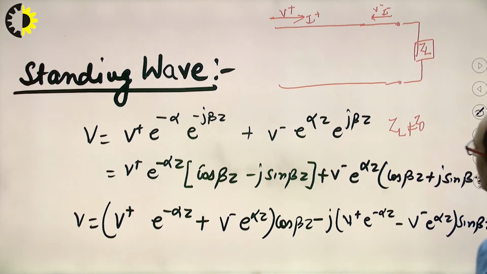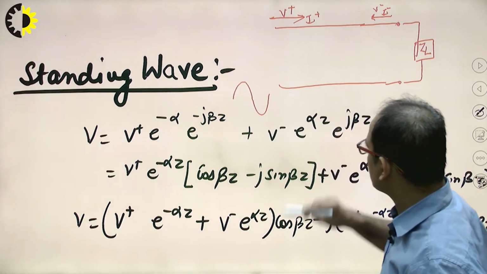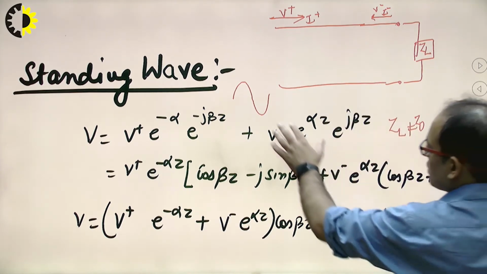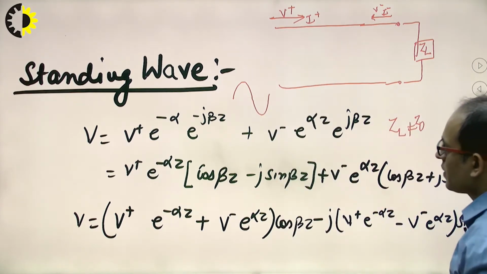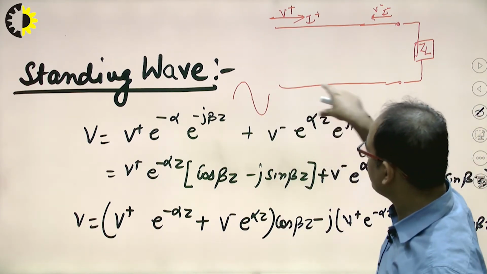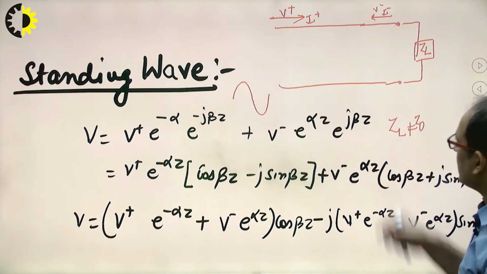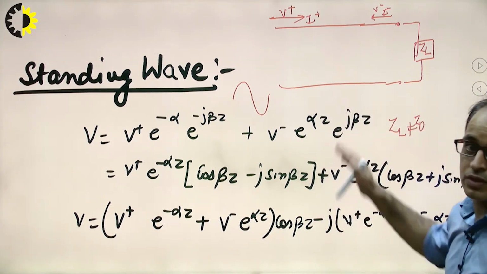Now see, when the incident wave is like this, there is some standing wave. When both waves have the same phase, there will be a maxima of the standing wave, and when the phase is opposite, there will be a minima of the standing wave.